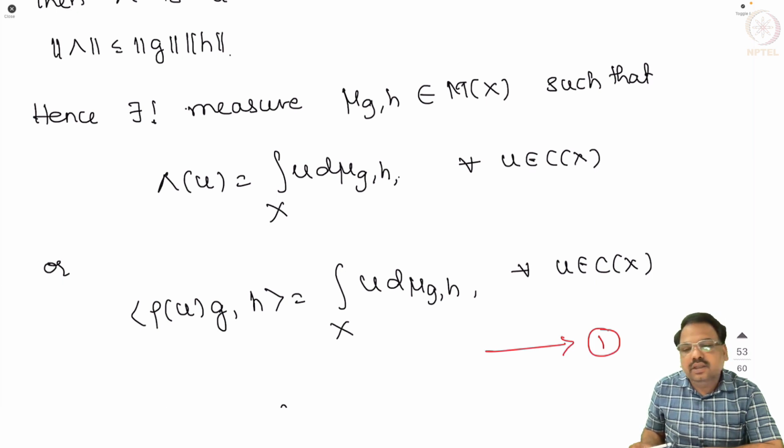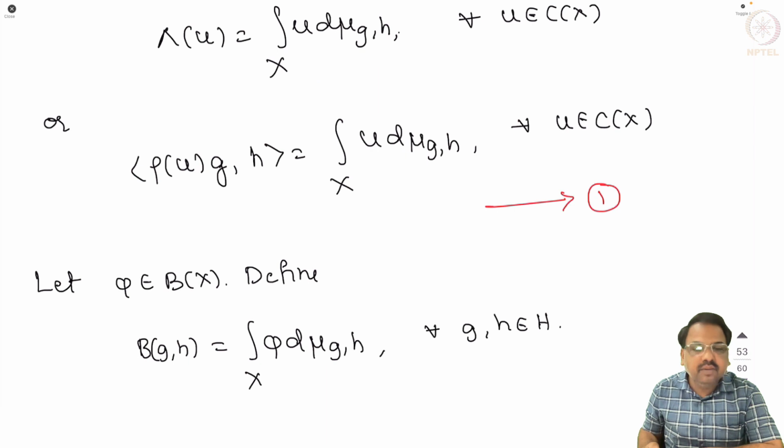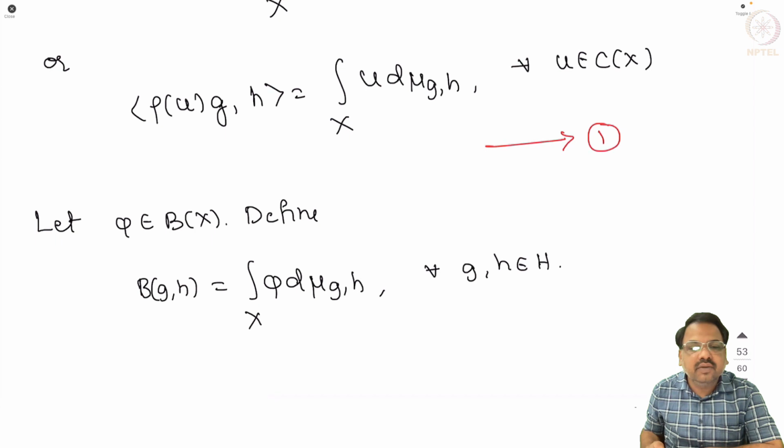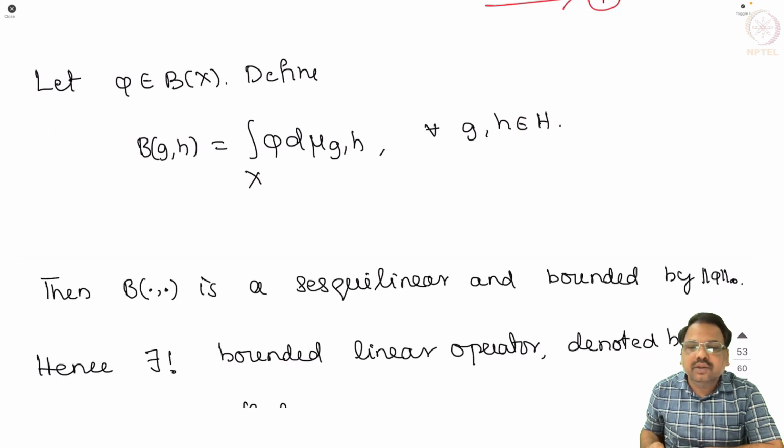Okay, next we want to show that this representation can be extended to the space of all bounded Borel measurable functions. So to do that, let us look at phi in B(X) and define B(g,h) equal to the integral over X of phi d mu_{g,h} for every g, h in H. Now using the property of mu_{g,h}, we can actually show that B is a sesquilinear form and it is also bounded by the sup norm of phi.